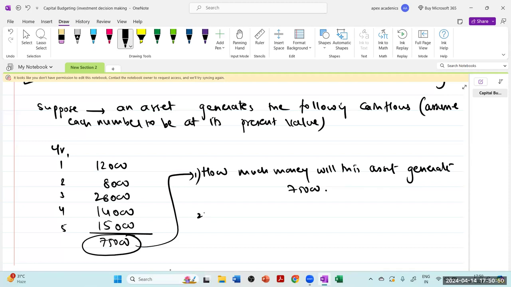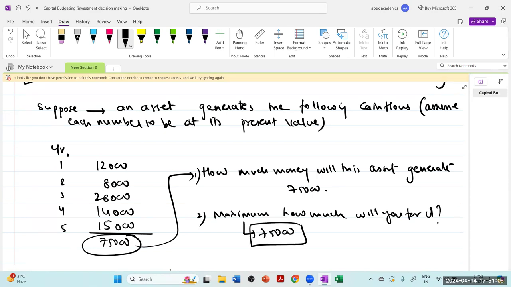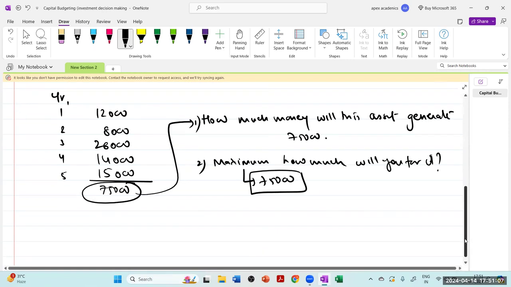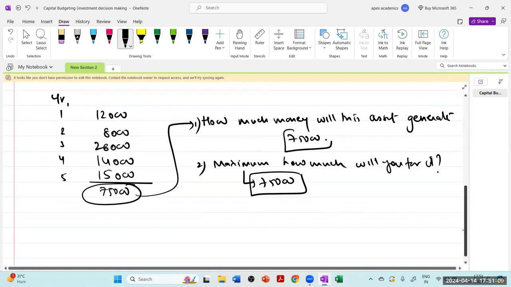That's the first thing. Second, maximum, how much will you pay for it? The answer is maximum you will pay 75,000 for it. Will you pay more than 75,000? No. The thing that is going to help you to earn 75,000, you cannot pay more than 75,000 for it.